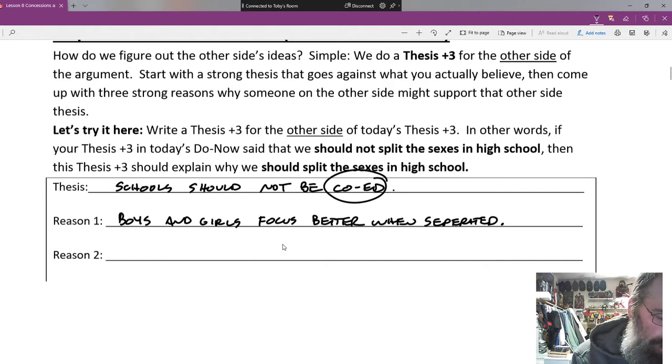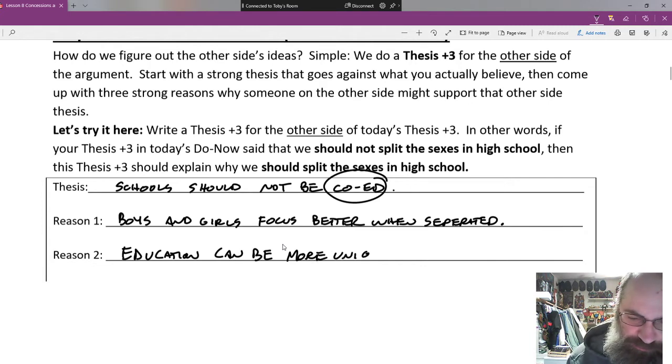Let's see. Education can be more uniquely tailored. Oh, that's a good word. This is where I misspell things, and it's on video.